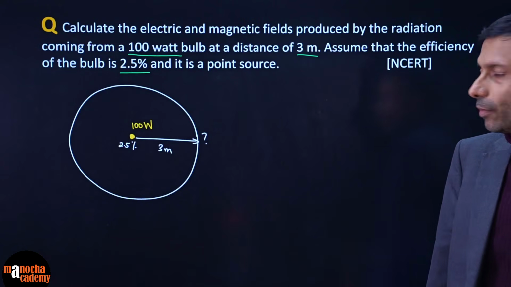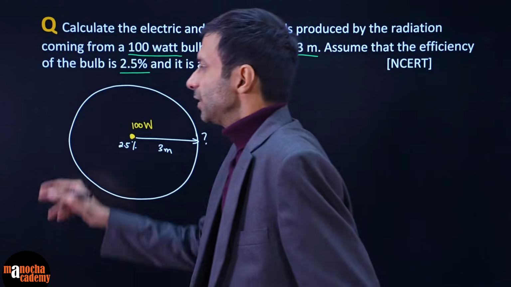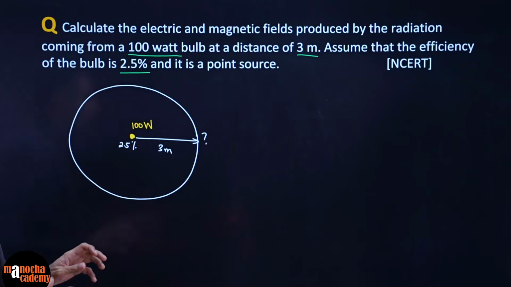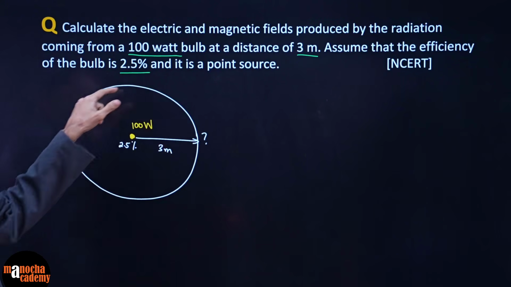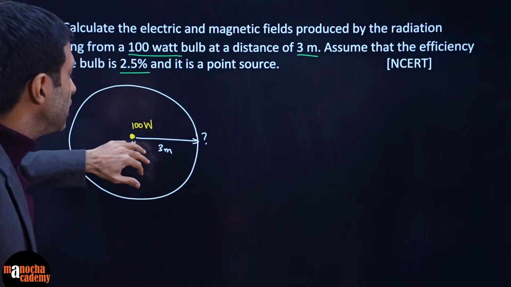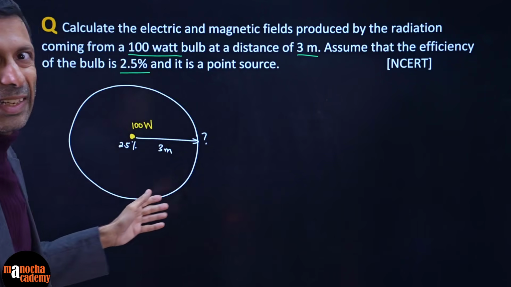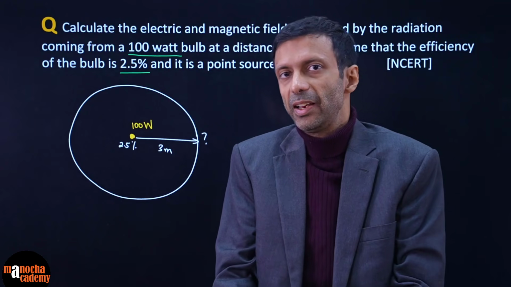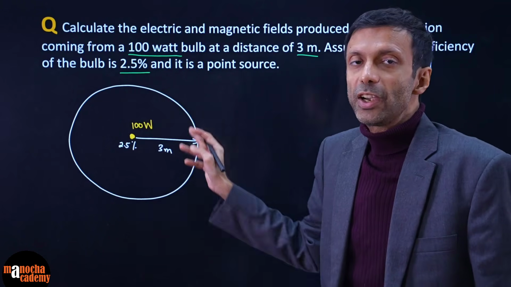Try this, nice question. See, why did I consider this sphere? Because the light is being radiated all around, right? So it is not only coming here, it is going everywhere. Do you guys agree? Again, we have to work with the concept of how much intensity each part is getting, which is energy per unit area. Now here, what is the area we are talking about?